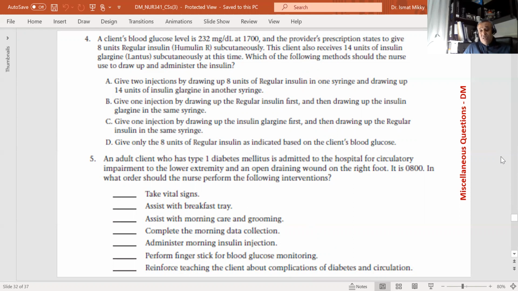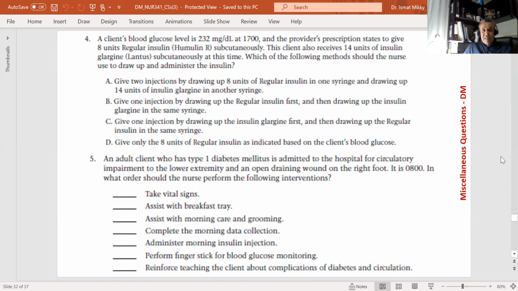Because these two medications, the insulin glargine and regular insulin, like Humalog R, are not compatible and cannot be given in the same syringe. So we have to be careful about which medications can be mixed or given in one syringe. Sometimes you have a patient on the same short-acting insulin, Humalog R, for coverage, and the same insulin also given as a scheduled dose.